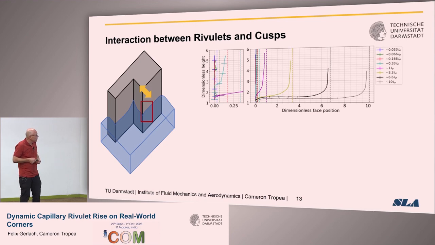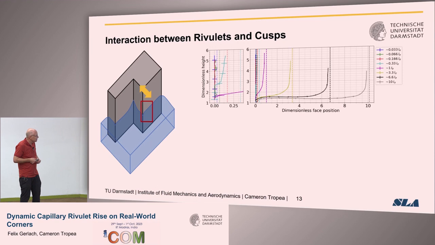If the inner corner here, that's the rivulet going up, that's the contour. If the inner corner is 10 capillary lengths away from the cusp, then basically you have a straight meniscus along this flat surface, and then you have the rivulet up here. And if the distance between inner and outer corner is closer, basically the same thing.